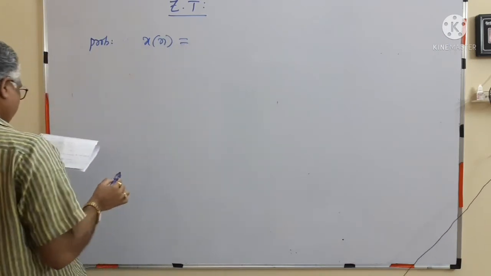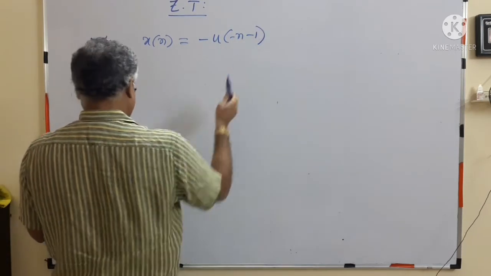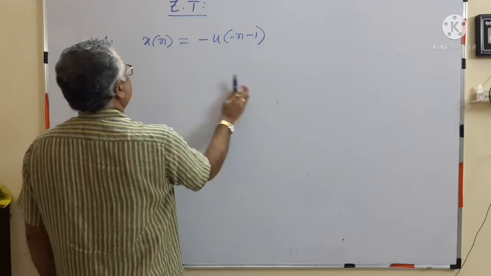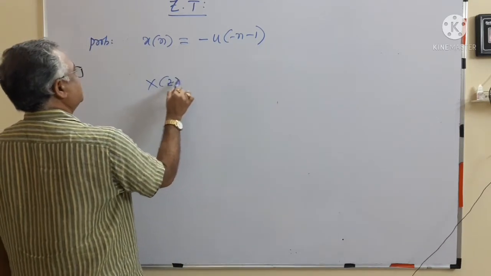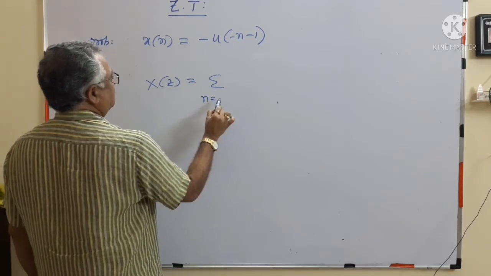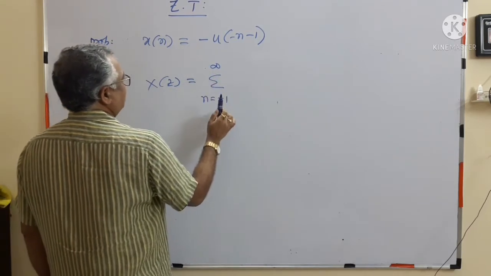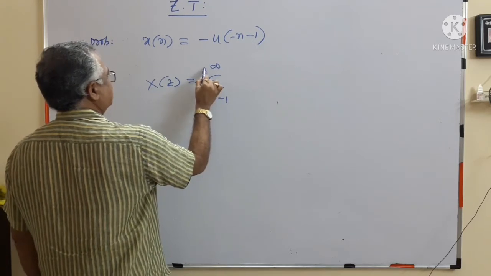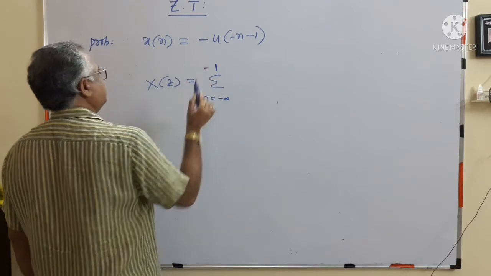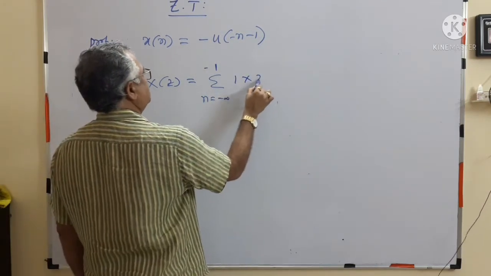Next, x of n is minus u of minus n minus 1. So this is again X of z, sigma n equal to minus infinity to minus 1, only this value is 1, into z power minus n.